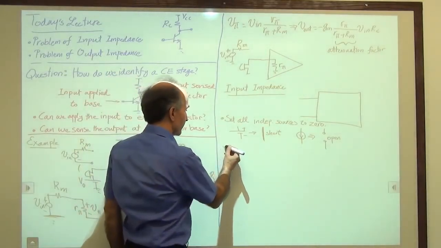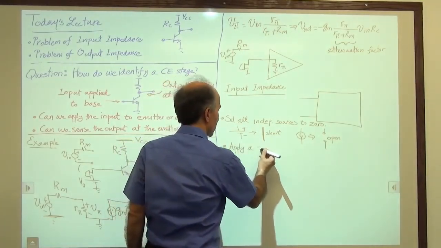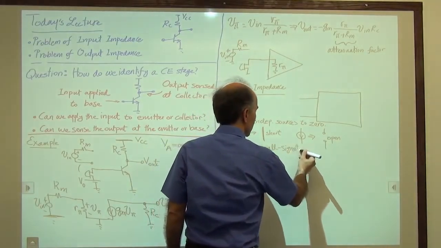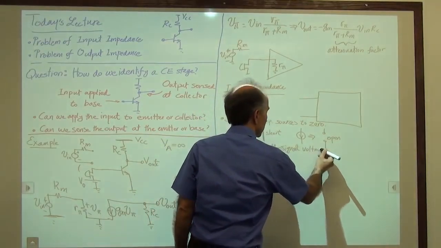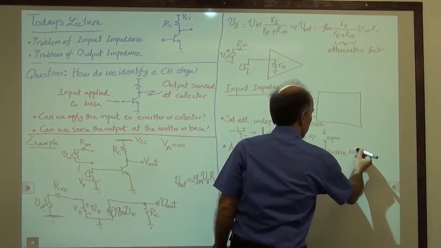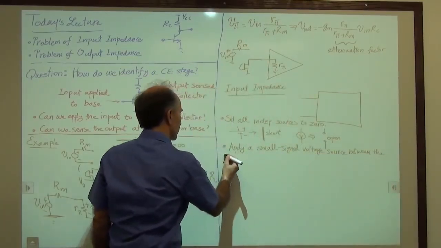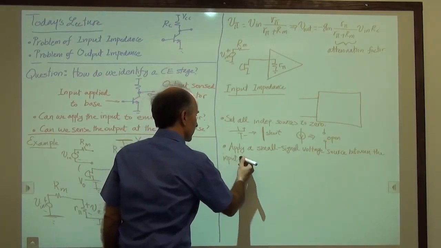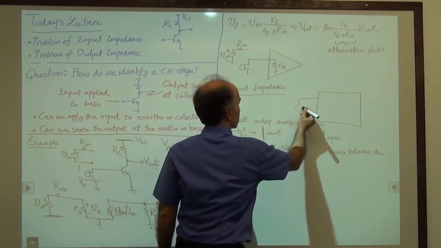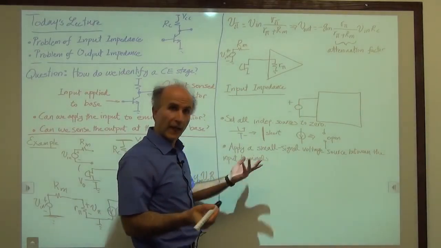The next step is to apply a small signal voltage source between the input terminals, like so. We can call it anything you want. We call it Vx.